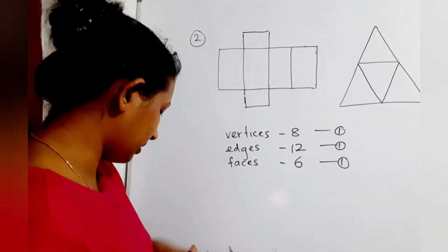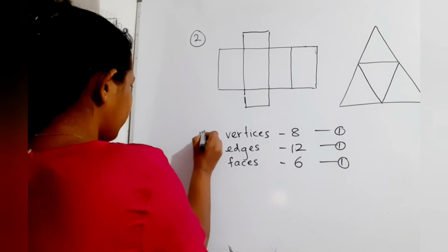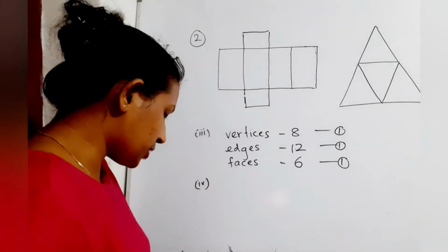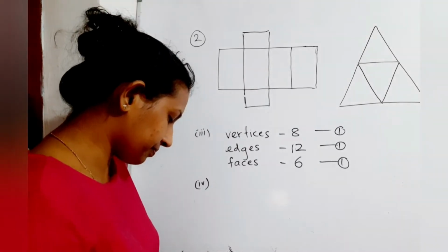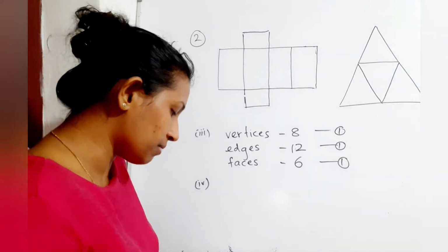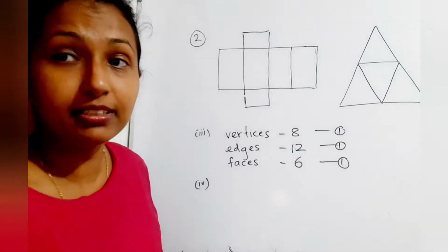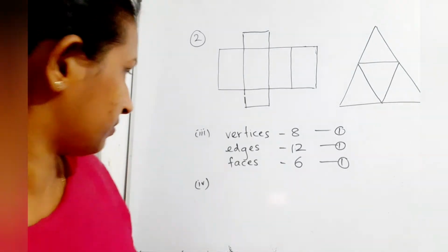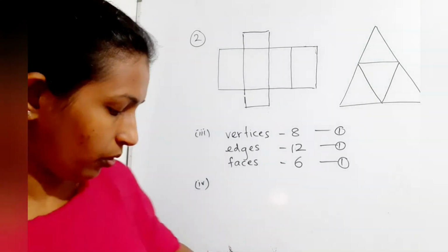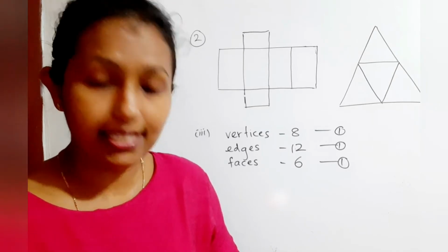Right. Now the fourth question. Express the name of another solid which you have learned and mention 2 examples of that solid which can be seen in the environment. Okay, Putala, what is the other solid that you have learned in your lesson Solids?